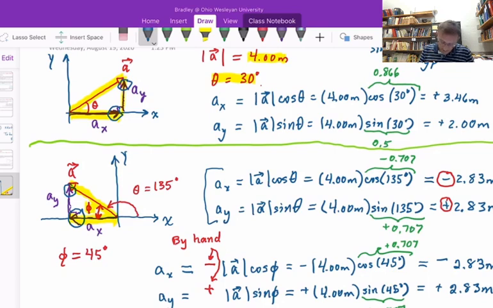Or you can take your little right triangle drawing, work only with an acute angle, like the angle phi that I showed you, and then put in the appropriate plus or minus signs by hand. And because of the various ways that we draw diagrams in physics, I'm going to tend to use this second option the most, because this little right triangle is going to be a really common thing for us to draw.